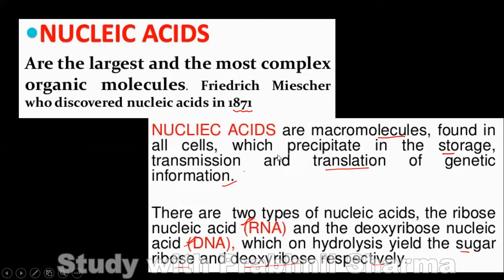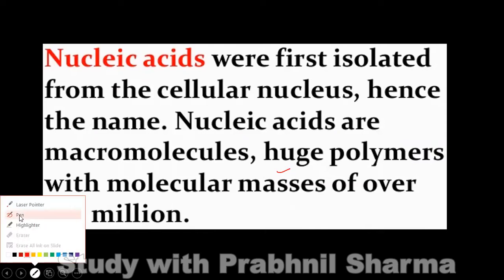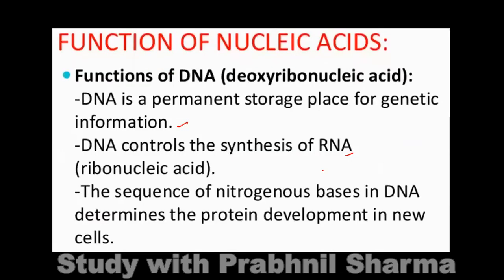We have studied this thing. Now, nucleic acids were first isolated from the cellular nucleus, and hence they are named nucleic acid. And nucleic acids are macromolecules, that is huge polymers with molecular masses over 1000 million.